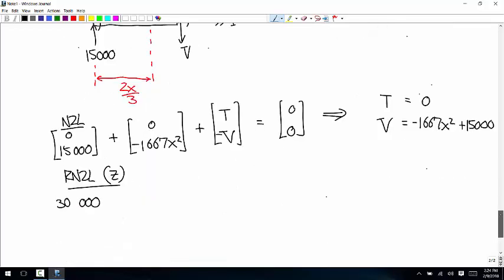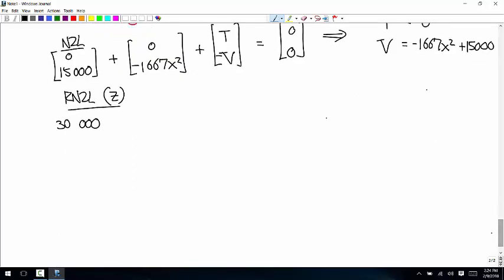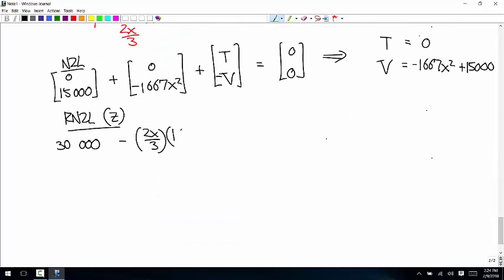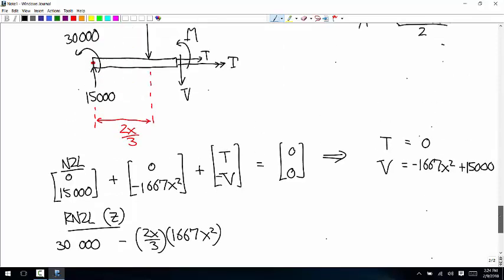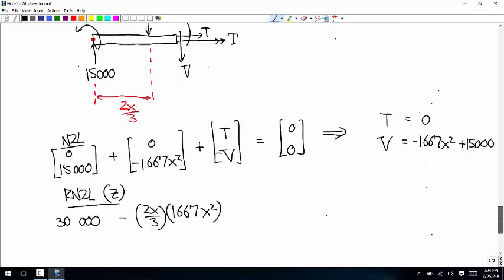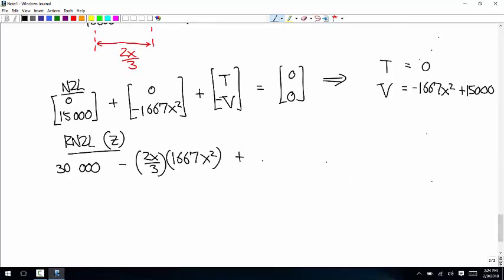Yep, clockwise. So negative 2x over 3 times 1667x². Then plus m minus vx is equal to 0.